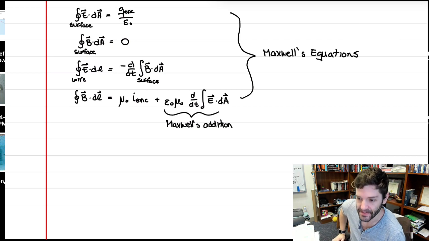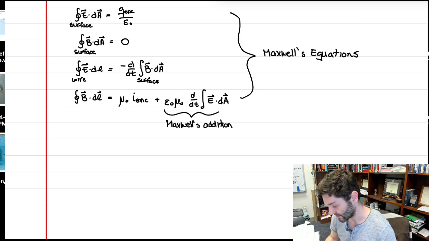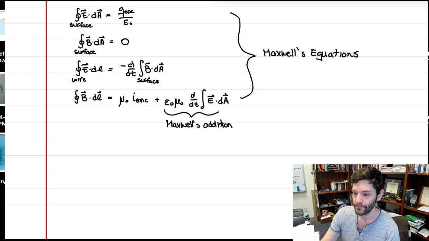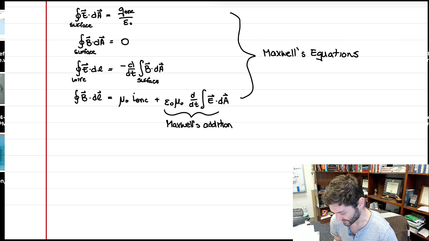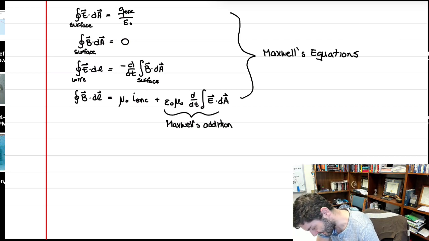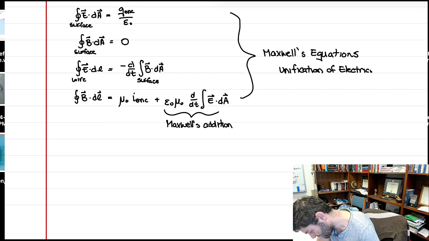But nonetheless, these 4 things describe essentially this entire course and more. So, hats off to Maxwell. It took a lot of effort for us to get to this point, and we acknowledge his accomplishments. This really was a unification of electricity and magnetism.